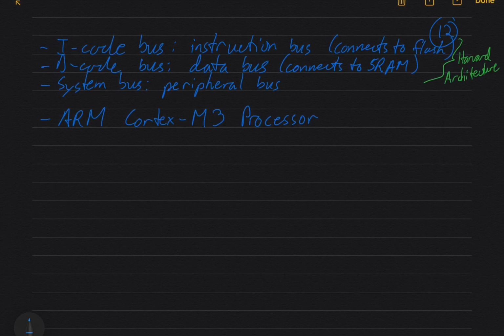And ARM used to stand for Acorn Research Machines, I believe it was. It was a British company. They were one of the first processor manufacturers to not have their own facilities for manufacturing their chips. So they were a fabless semiconductor, not fabulous, fabless. They didn't have fabrication facilities, semiconductor company.